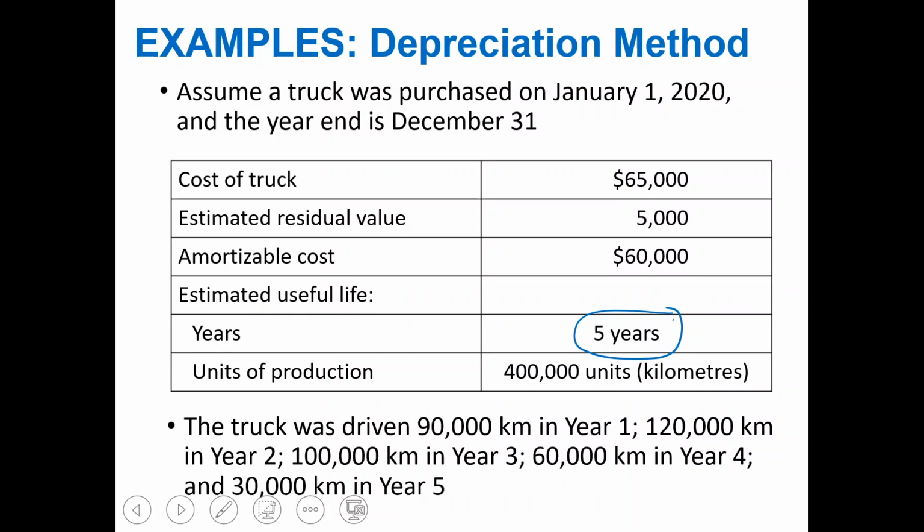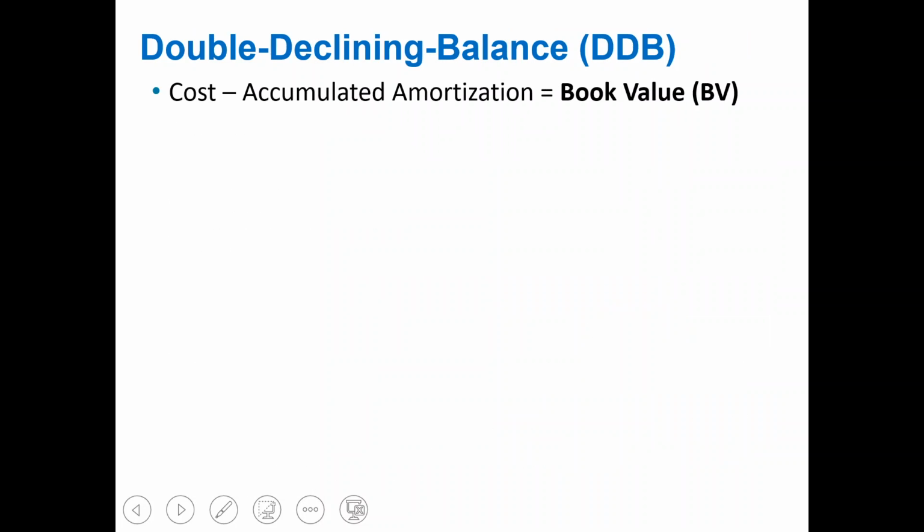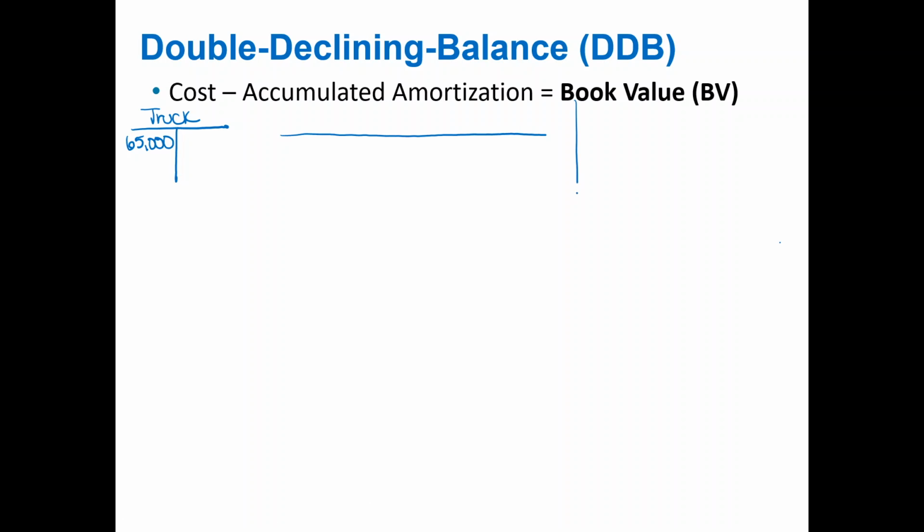Okay, so we'll walk through the calculations for our example. We'll start with the T accounts as we've already done in previous examples. We purchased the truck for $65,000. Now we track our accumulated amortization for the truck, as well as our book value.